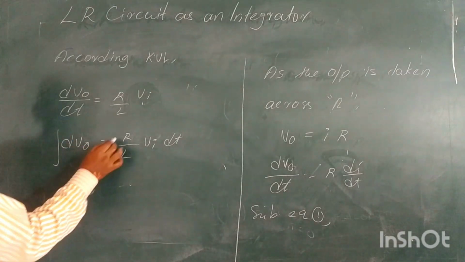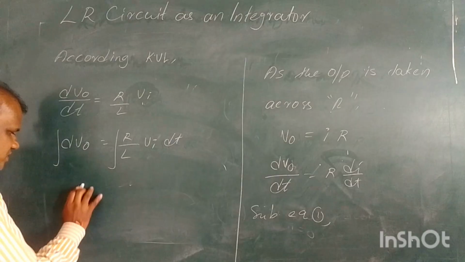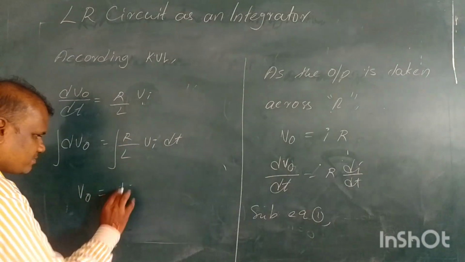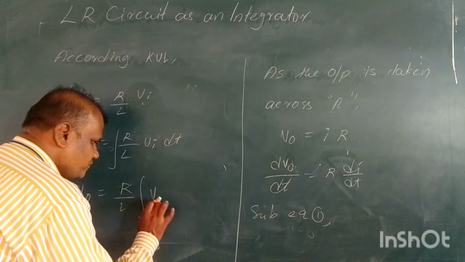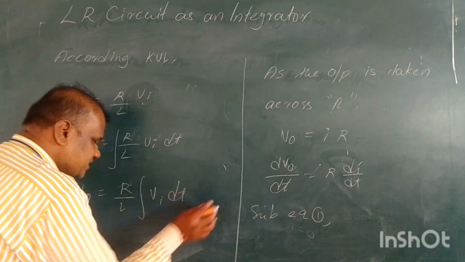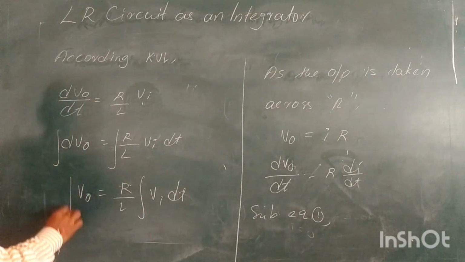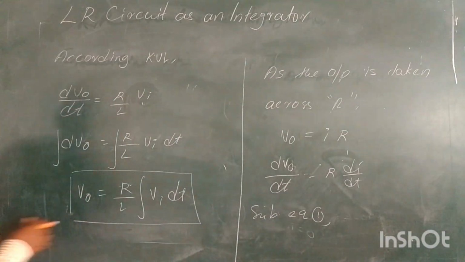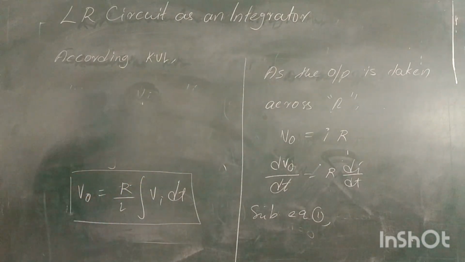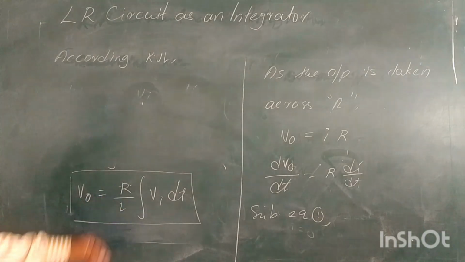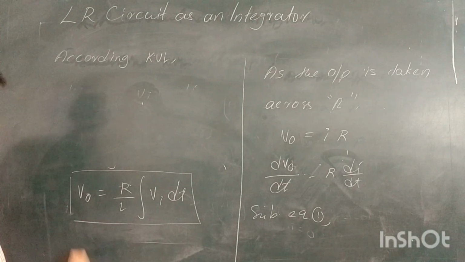Which gives V naught equal to R by L, since R by L is a constant, times the integration of Vi dt. Therefore the output voltage is the integration of the input. So this is the LR circuit acting as an integrator circuit: V naught equal to R by L integration of Vi dt.